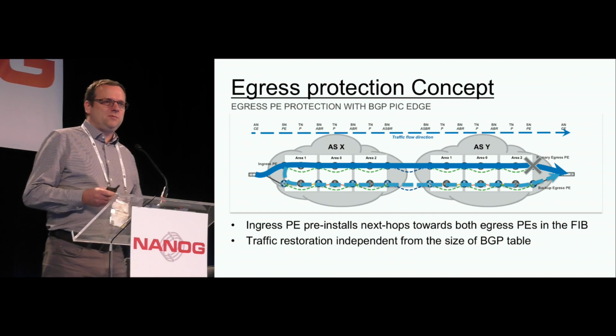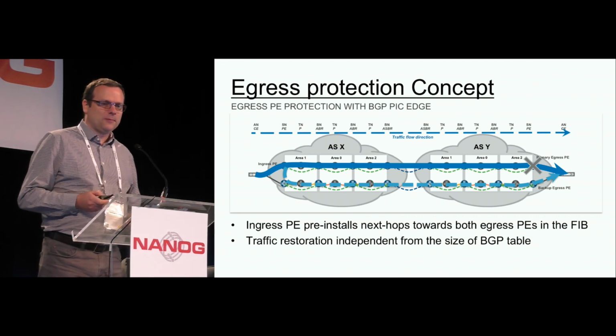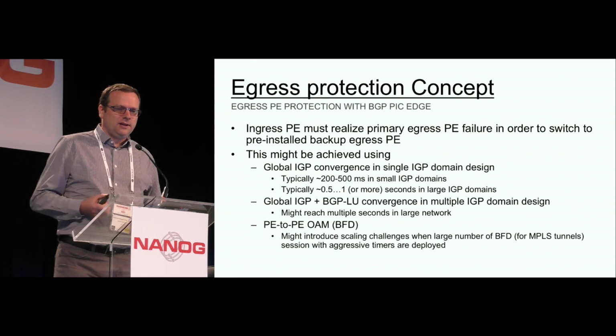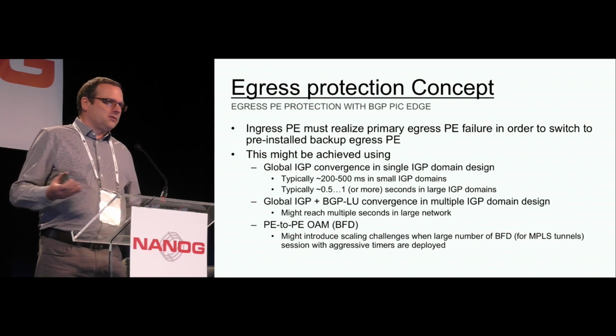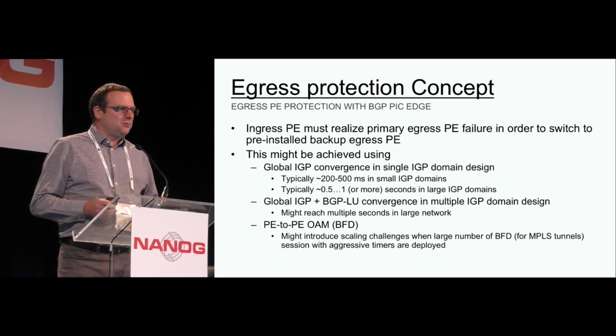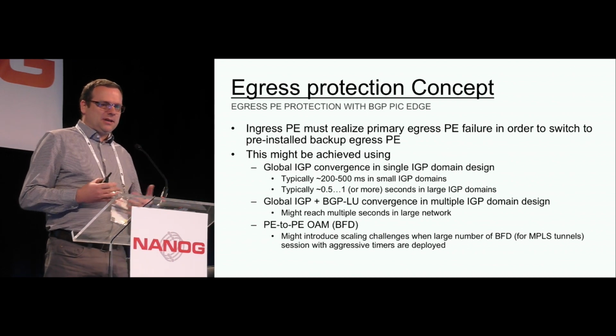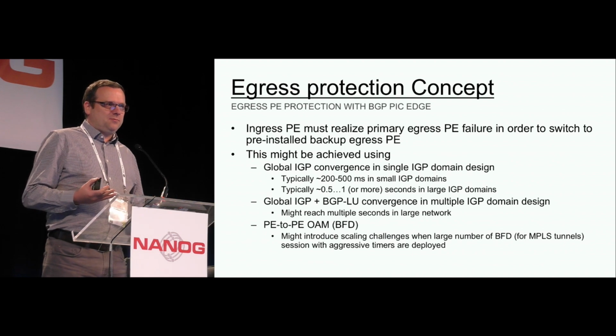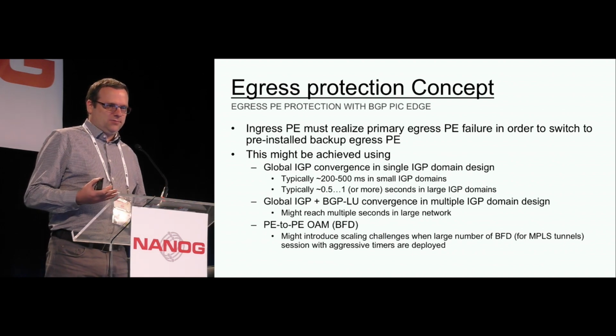This is called BGP PIC Edge, by the way. A BGP PIC Edge function works, and it is implemented in the network. The problem with BGP PIC Edge is that PIC means prefix independent convergence.